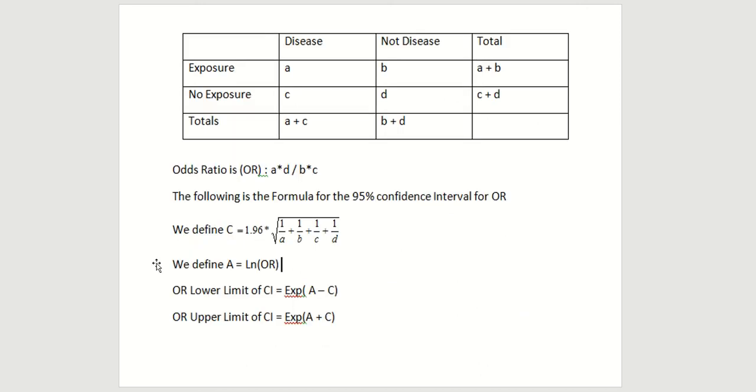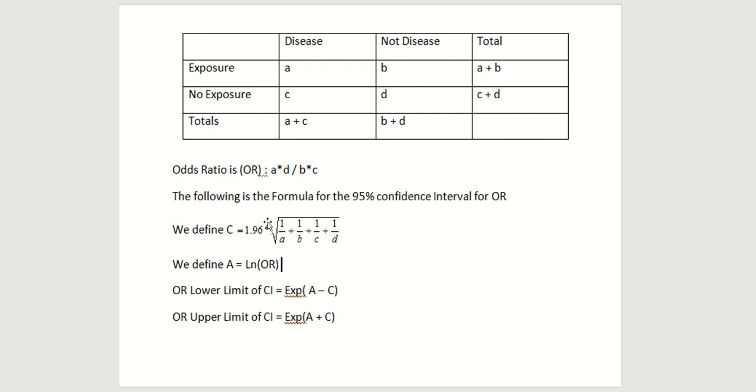We come to how you would calculate the confidence interval for the odds ratio in a case control. It's the exact same thing we do in a cohort, the same exact formula. So you're going to calculate the natural log of the odds ratio. That would be your A. The C is 1.96 times the square root of 1 over A, 1 over B, 1 over C, 1 over D. This is, if you remember, your standard error.